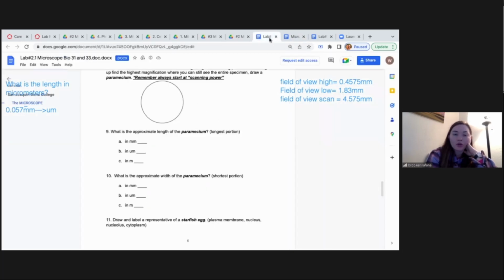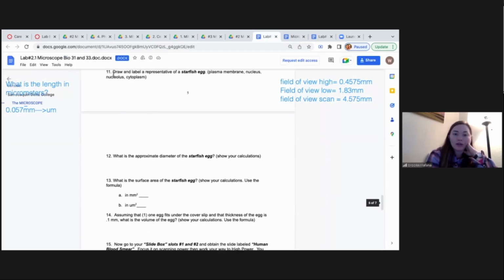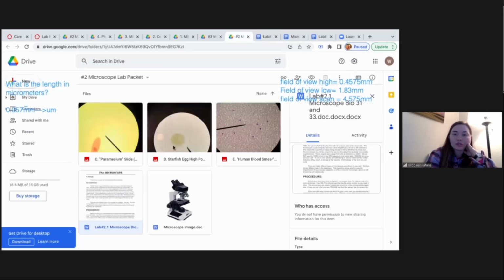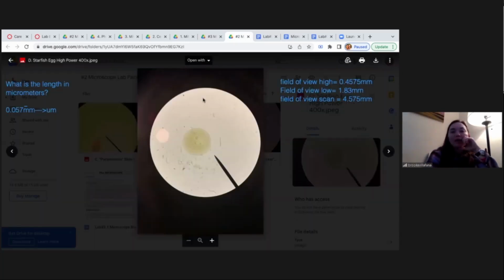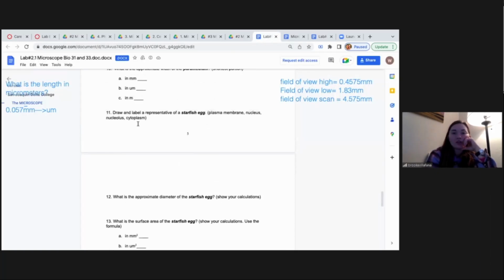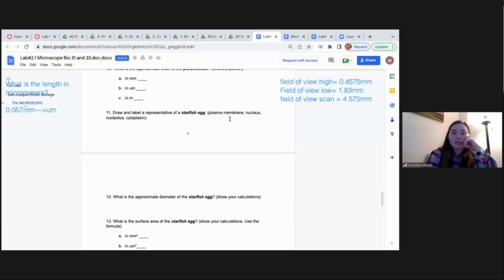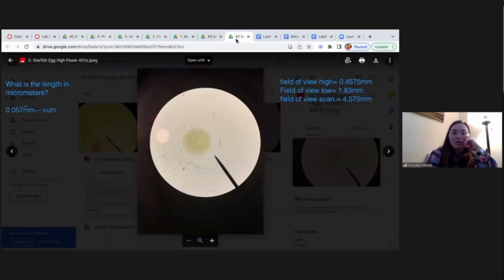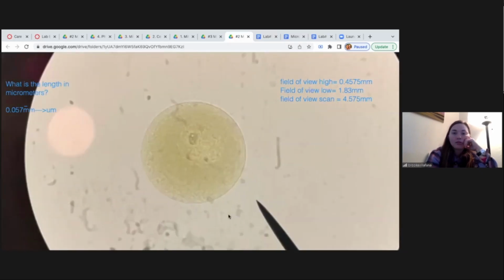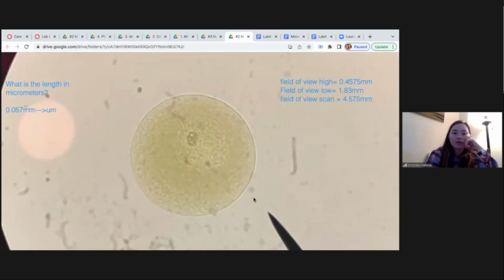All right, so for questions 11, 12, 13, and 14, we're going to use the starfish egg. So this is the starfish egg. And again, we can use this to do your packet at home. You're going to draw and label a representative of the starfish egg. You can just draw basically this picture and, like it asks, label the plasma membrane, nucleus. When you zoom in, you can see there's an outline here.